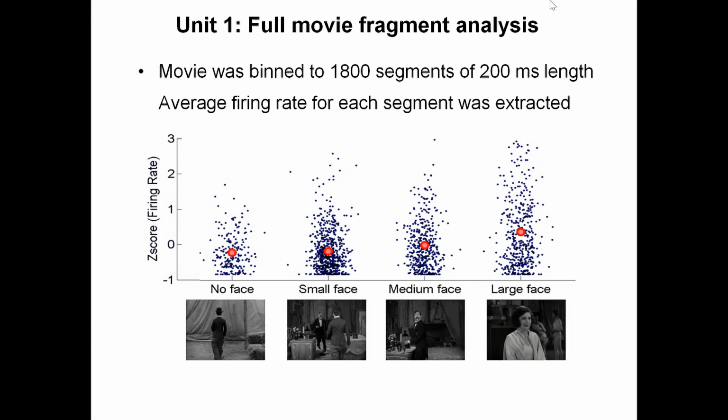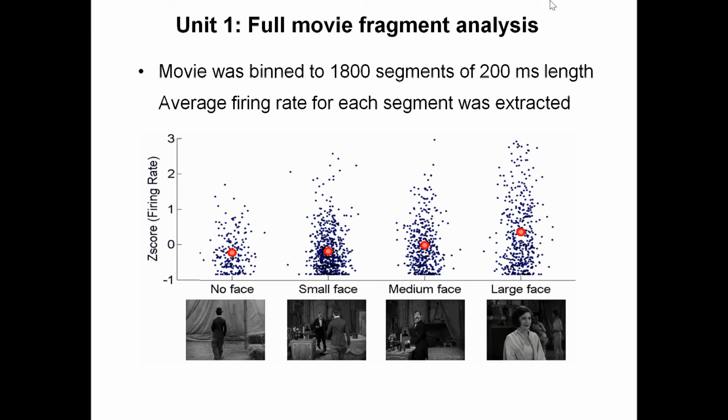So if we bin the frames of the movie into frames with a large face, medium face, small face, and no face, you see that there are relatively few no-face frames, because it's a movie of Charlie Chaplin, the faces appear all the time.